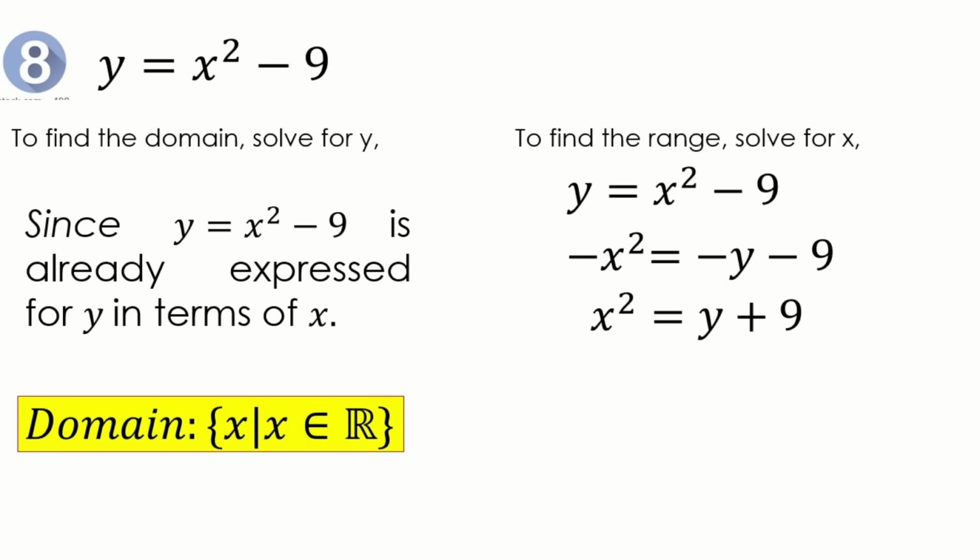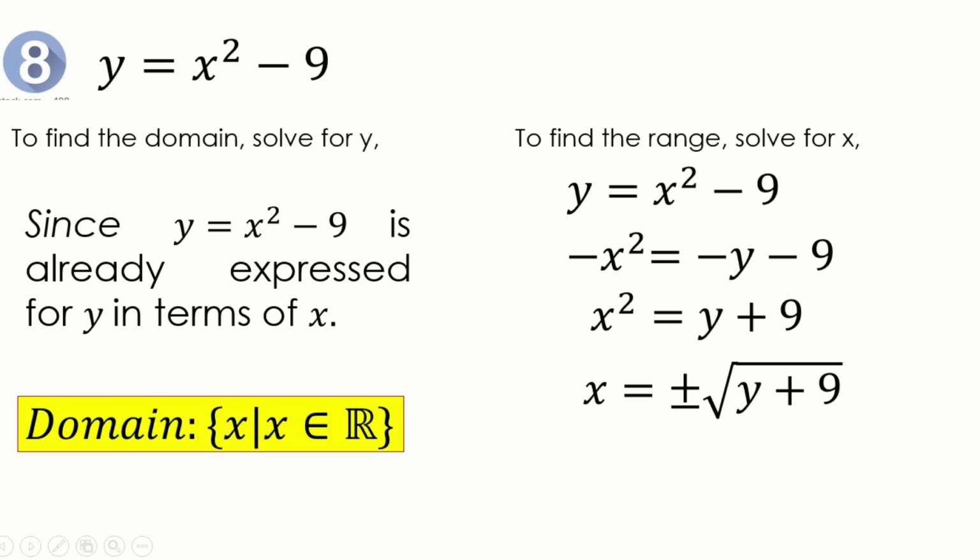So, what will happen there? By using the square root method to get x, your x is equal to positive and negative square root of y plus 9. I gave earlier that when there are radicals, the value of your x or y, what is inside must be 0 or greater than 0.